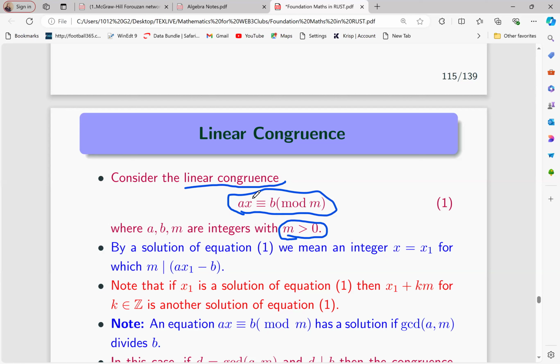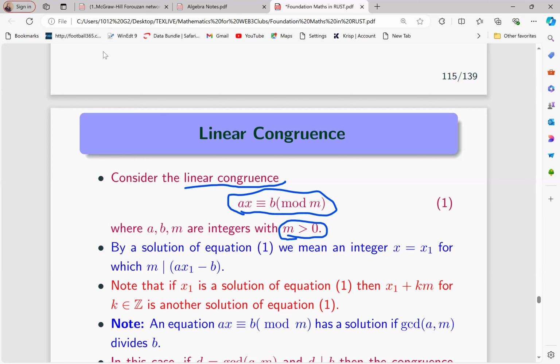If x is raised to 2, or x is raised to 3, then it's not linear. But if x is just raised to 1 as it is here, then these are linear congruence equations. Of course, I'll show Rust code for linear congruence, and I'll also show Rust code for non-linear congruence equations.